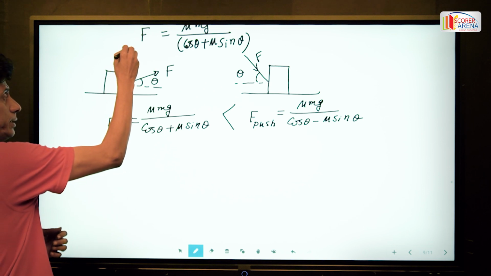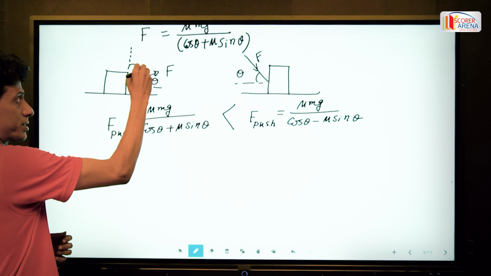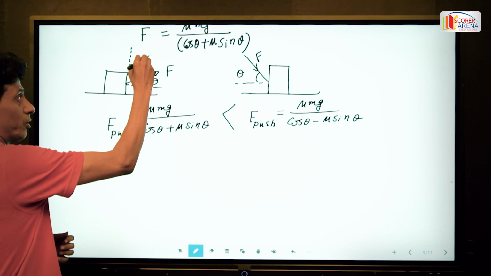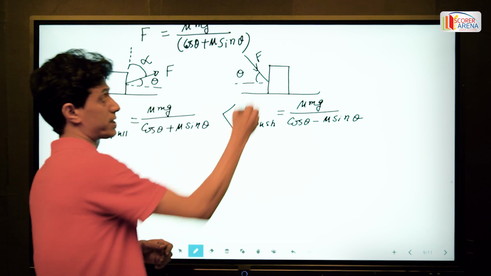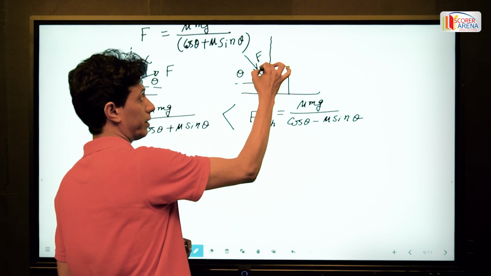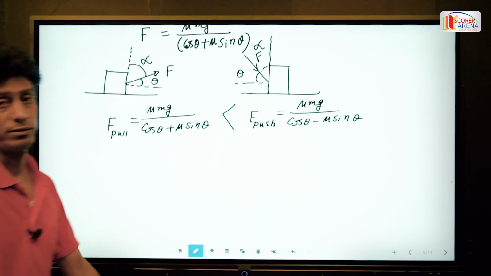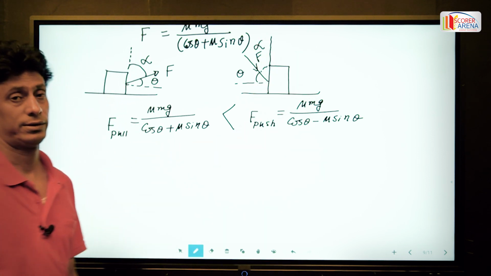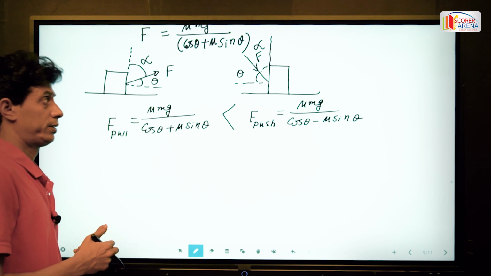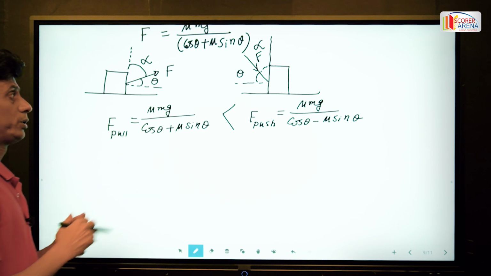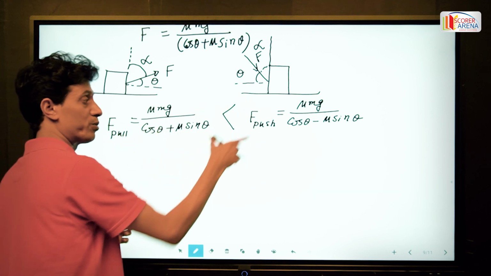But if a problem gives the angle of the pulling force, or of the pushing force, with the vertical as alpha, it is not necessary to evaluate the forces again.